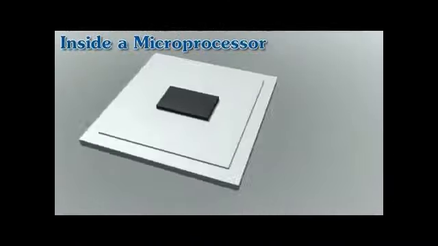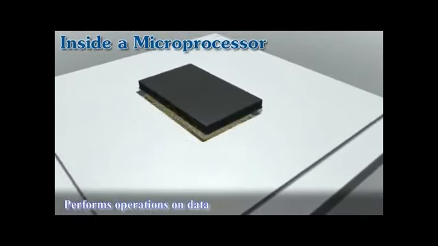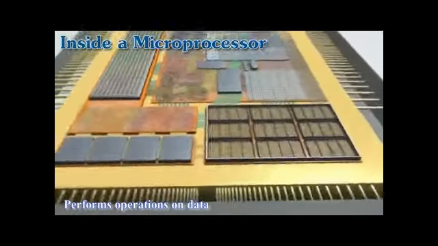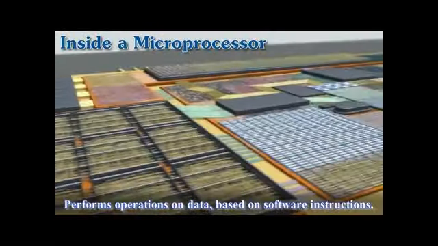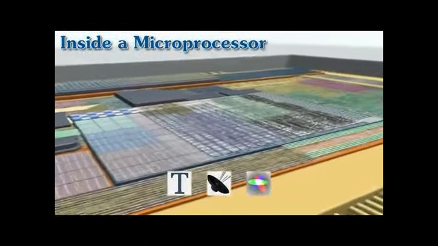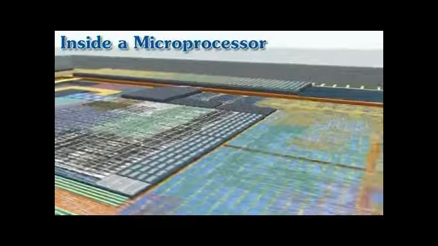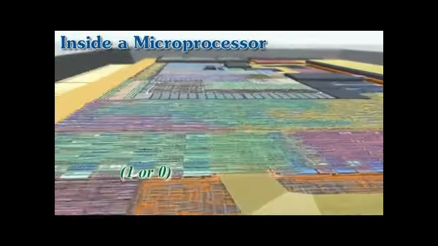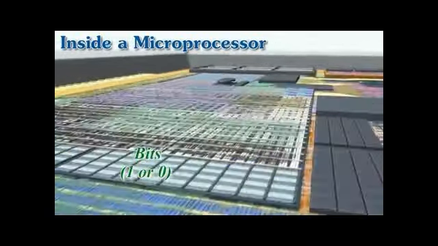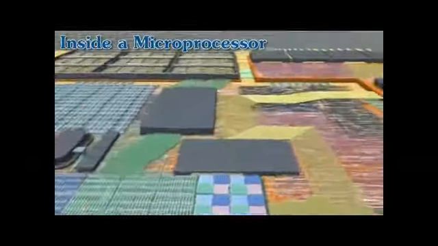A central processing unit, or CPU, is the hardware within a computer that carries out the instructions of a computer program by performing the basic arithmetical, logical, and input/output operations of the system. The term has been in use in the computer industry at least since the early 1960s.